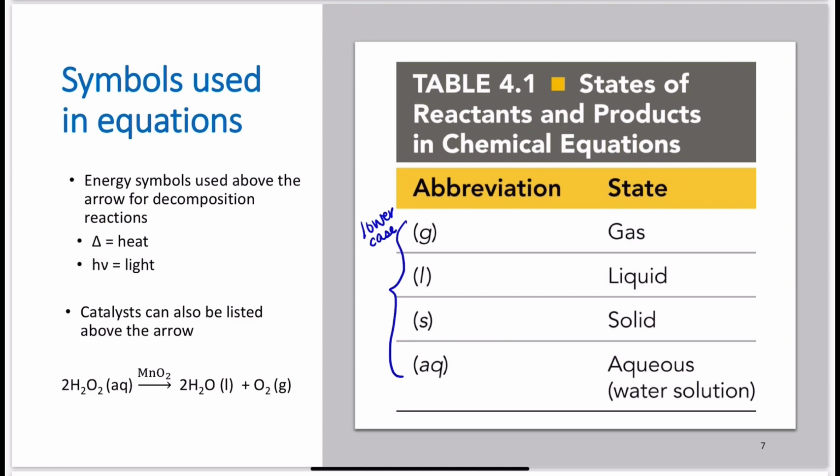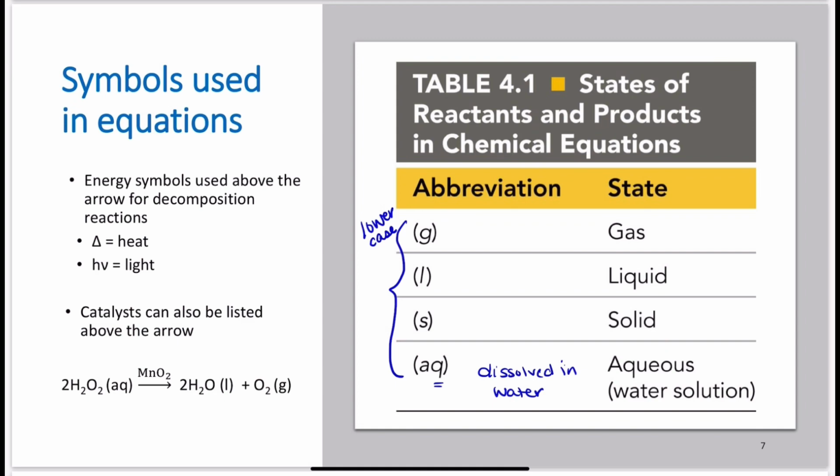G stands for gas, L stands for liquid, S stands for solid, and AQ is aqueous. This means it has been dissolved in water. We do a lot of aqueous in Gen Chem.